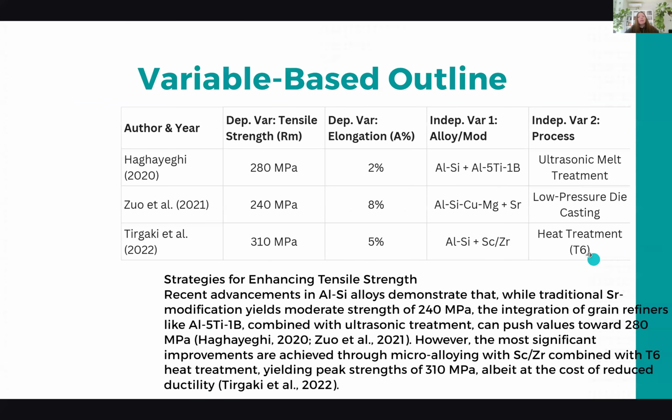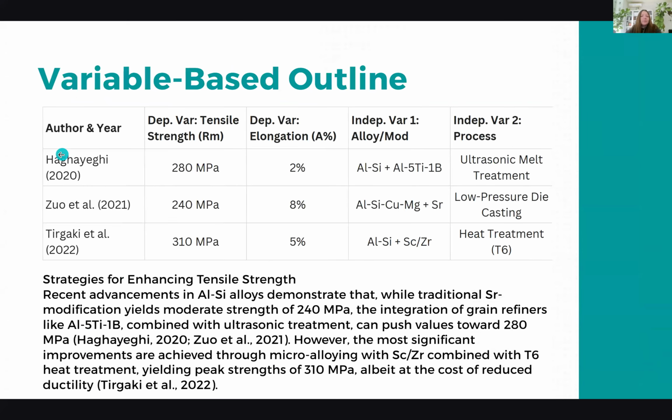So let's look at an example. Here in the table, you'll see authors and years of publication, so your references. Two dependent variables are tensile strength in megapascals and elongation in percentages.